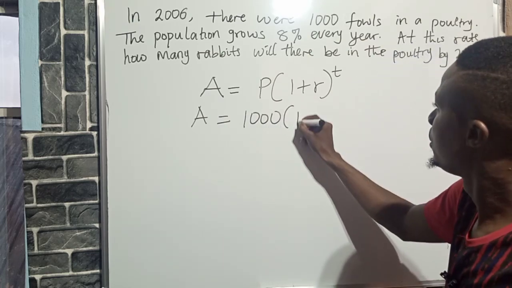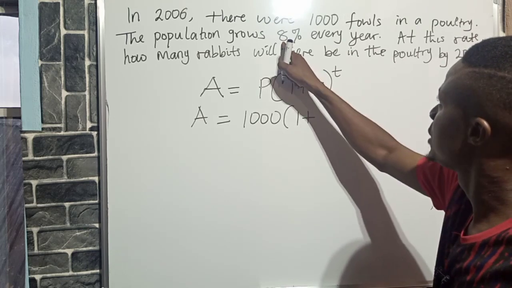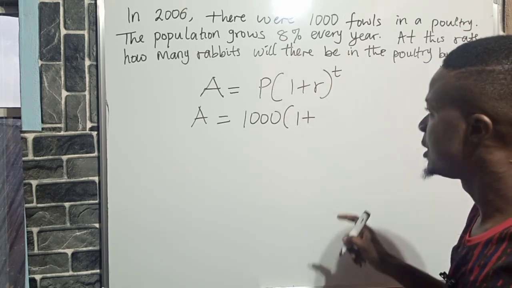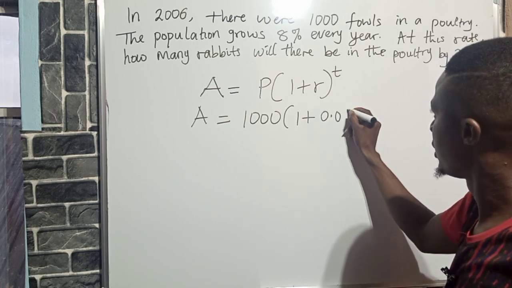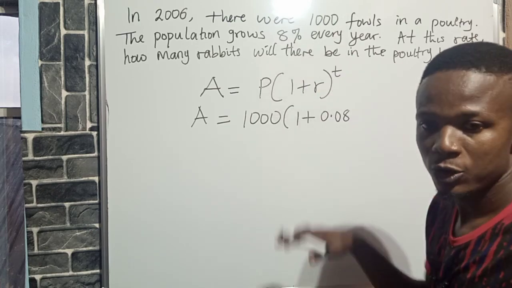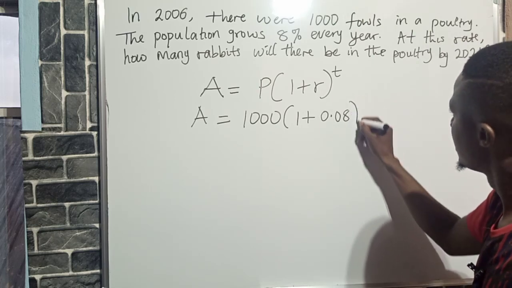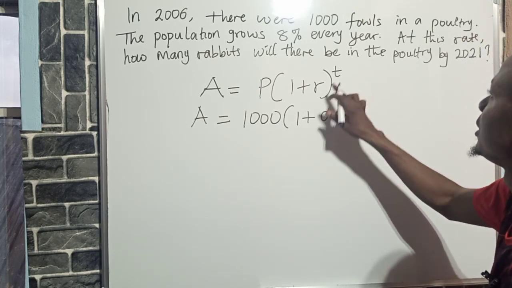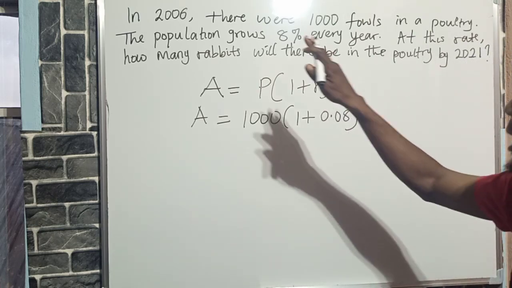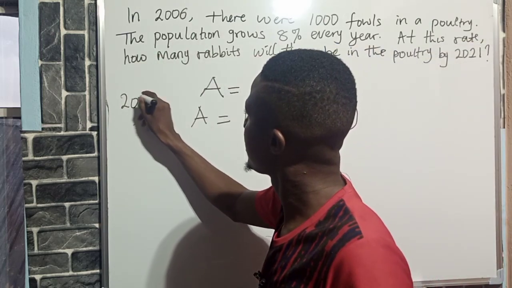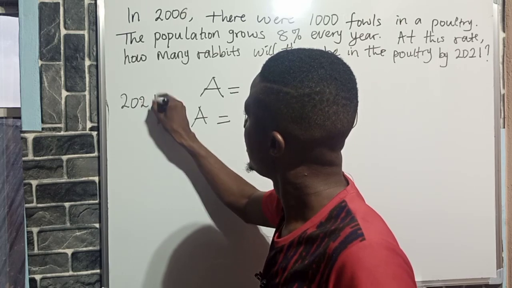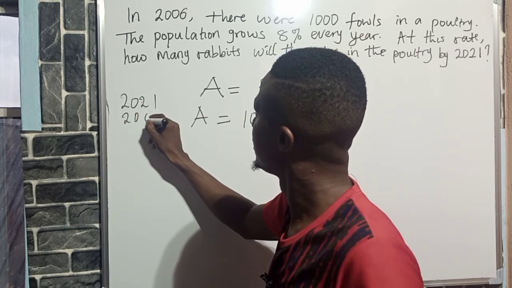Then 1 plus the rate, which is 8%. And 8% means 8 divided by 100, which is 0.08. Then raised to the power of time. The time is the number of years, from 2006 to 2021, which means 2021 minus 2006.